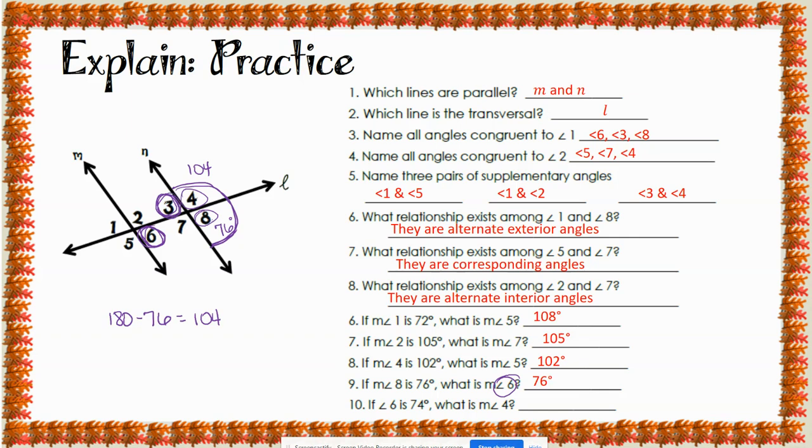And then I know that 3 compared to 6, these are alternate interior angles. Well, because those are alternate interior angles, that means that they are congruent. So if 8 is 76, that means 3 is 76. And if 3 is 76, that means 6 is also 76.